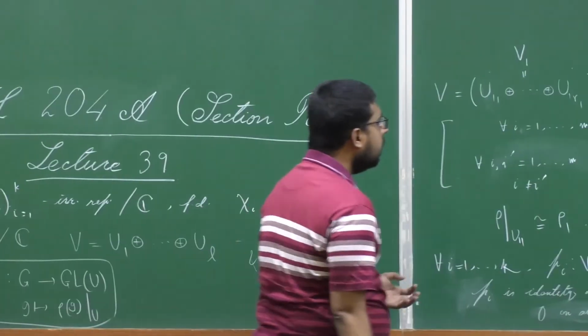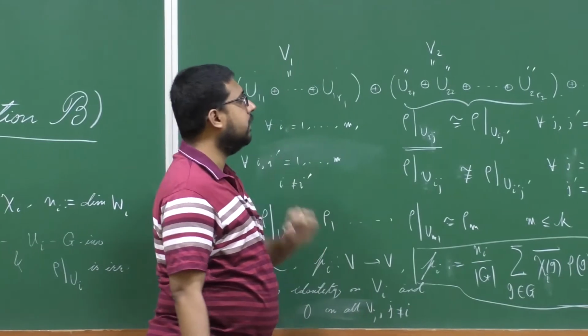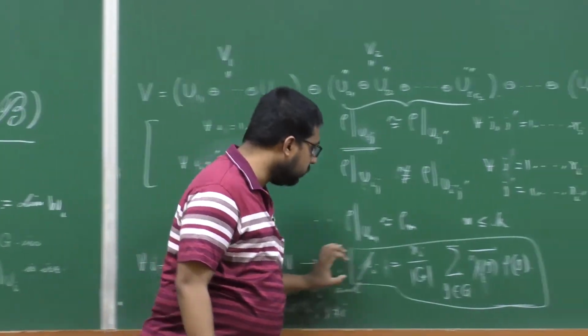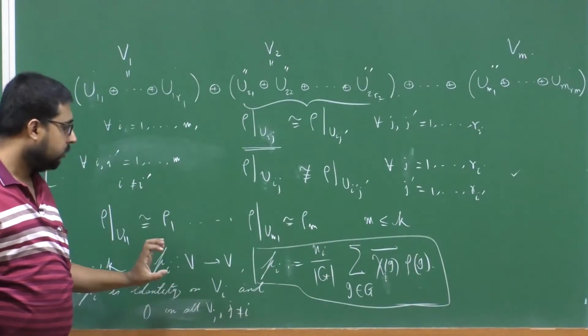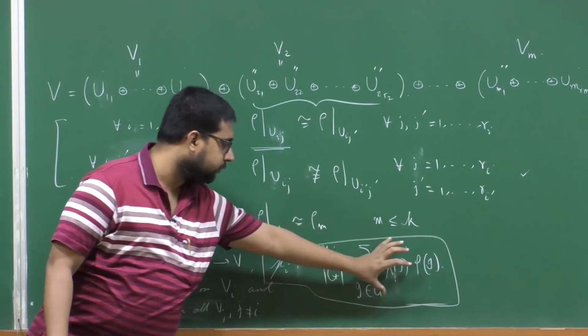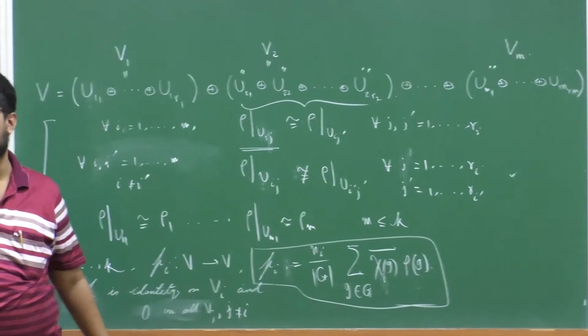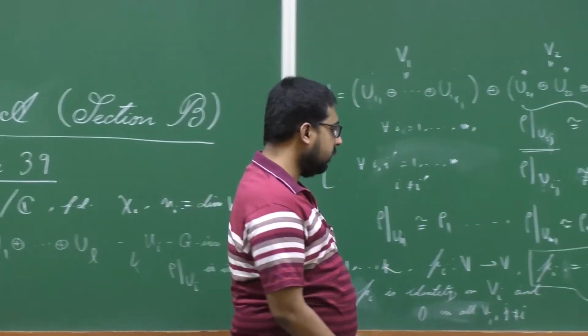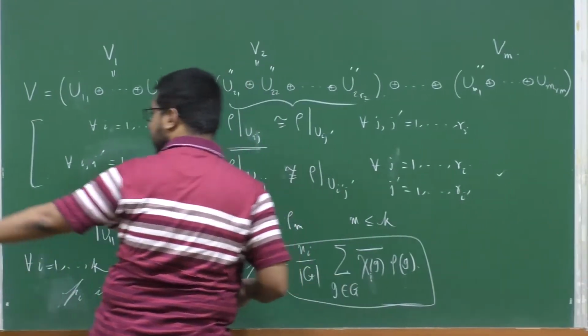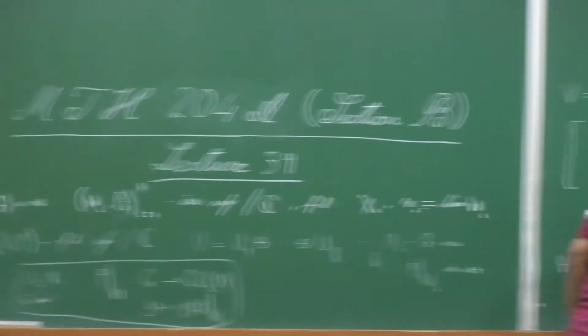We see that from any decomposition, the VIs that you obtain are going to be the images of these projection operators. So remember that this projection operator only involves the characters and the given representation.